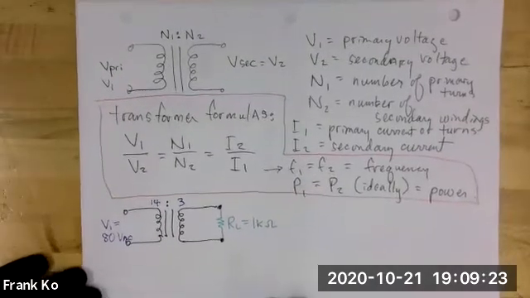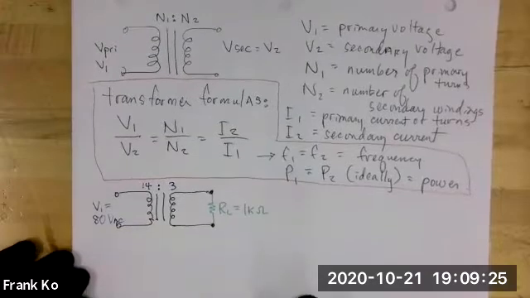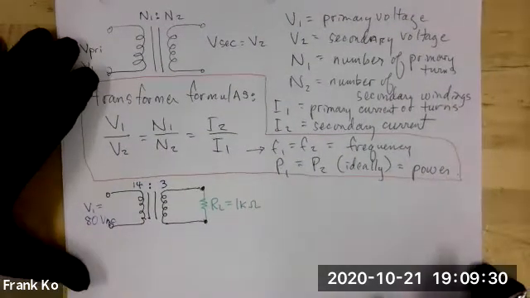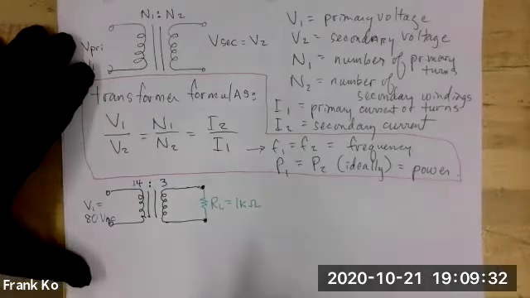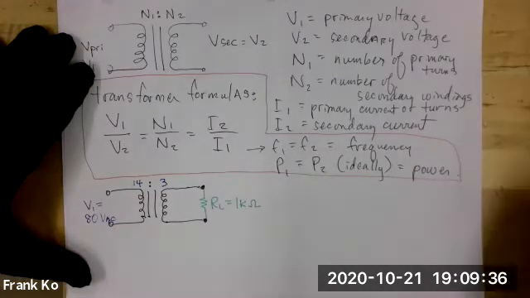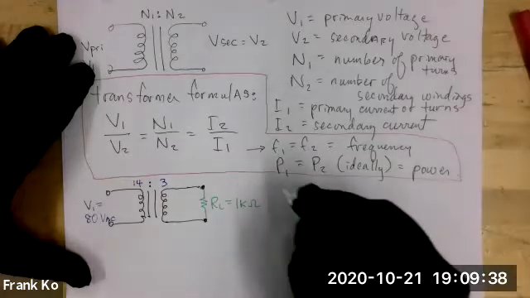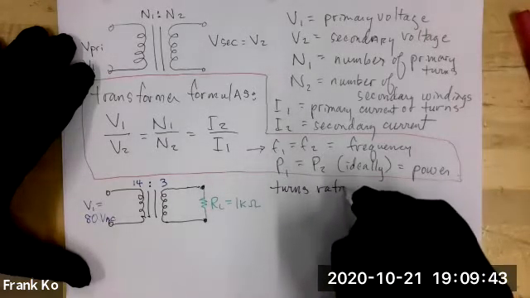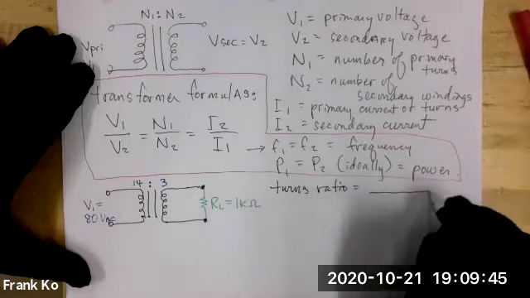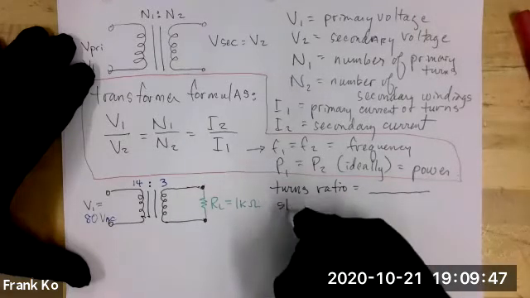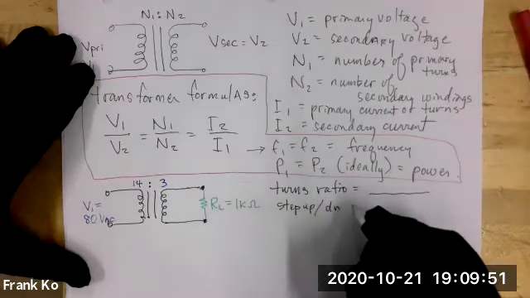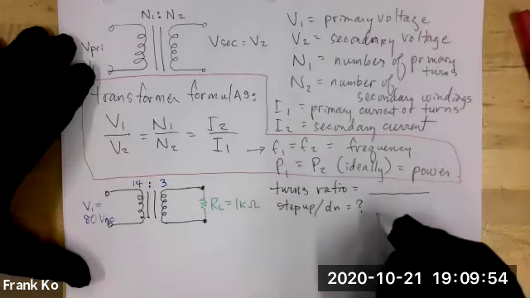This is typical of an exercise you're likely to encounter in a homework or a quiz or a test. And of this, you're going to be asked several things. You're going to be asked for the turns ratio is equal to blank, and whether it is step up or step down.